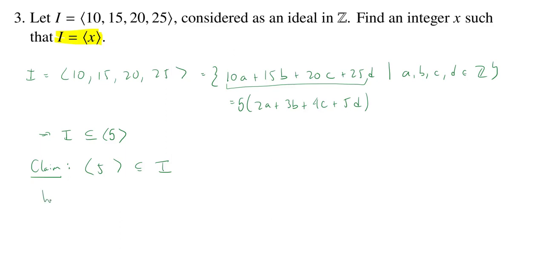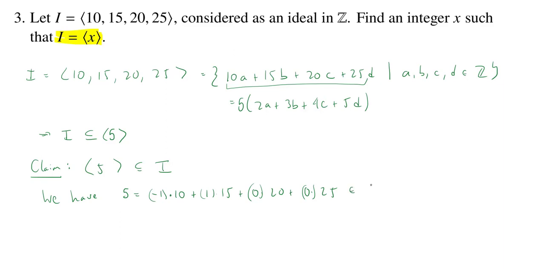We have 5 is equal to negative 1 times 10 plus 1 times 15. And of course, I don't really need any of the other terms; it's 0 times 20 plus 0 times 25. So just 15 minus 10.